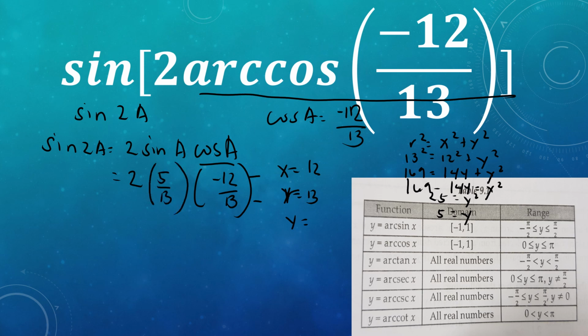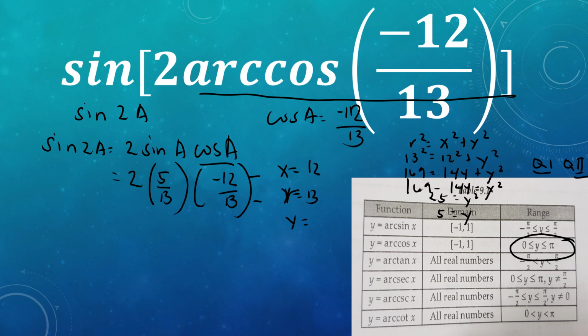But what will be the sign? Since cosine is negative, if we look at the range for cosine, it is from quadrant 1 and quadrant 2. Cosine is only negative in quadrant 2 and not in quadrant 1, because in quadrant 1, cosine is positive. Therefore, it falls in quadrant 2, and sine in quadrant 2 is positive.